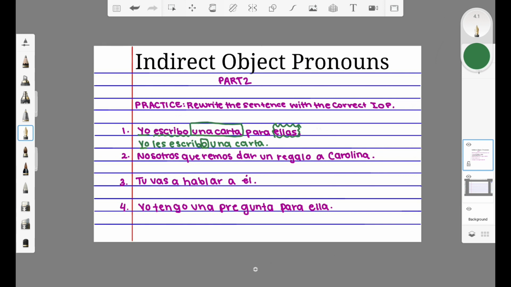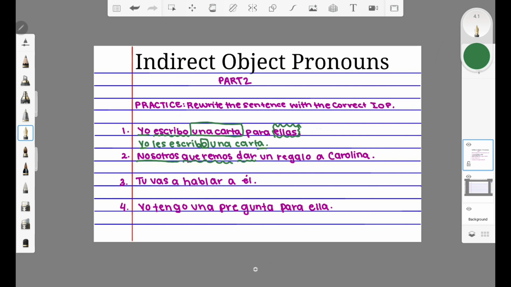Number 2. Nosotros queremos dar un regalo a Carolina. So this one does have two verbs. We have queremos, which means to want, or in this conjugated form, it means we want. And then dar, to give, in infinitive form. Nosotros is our subject.